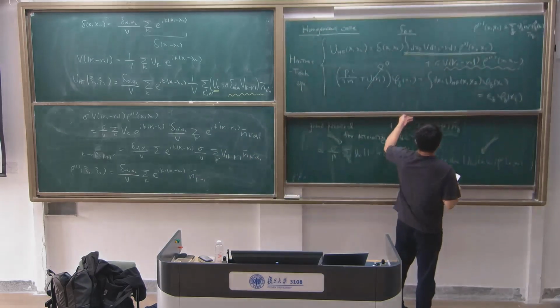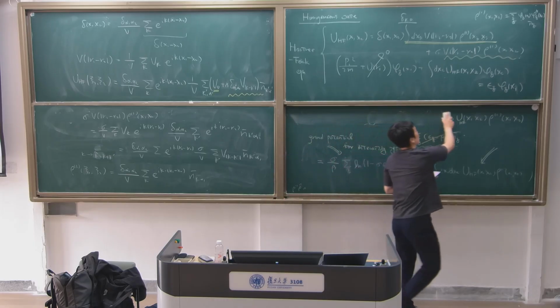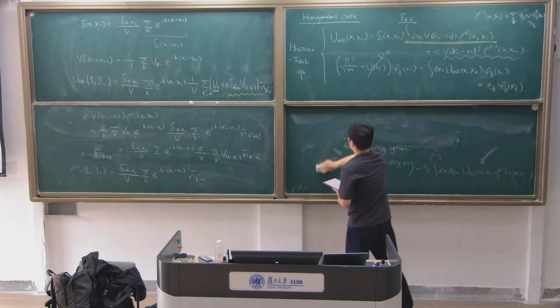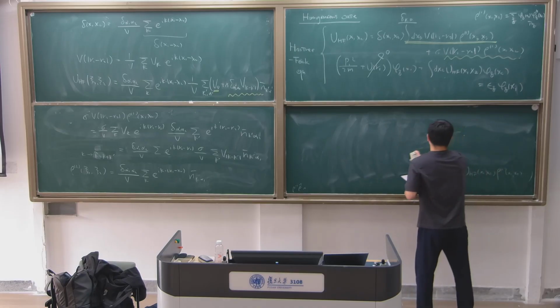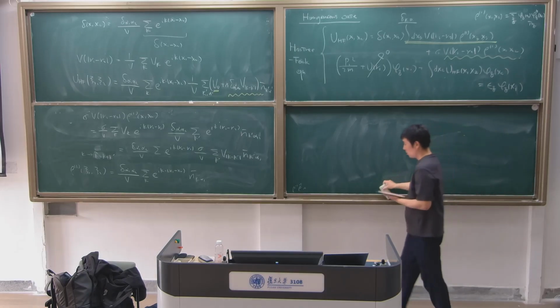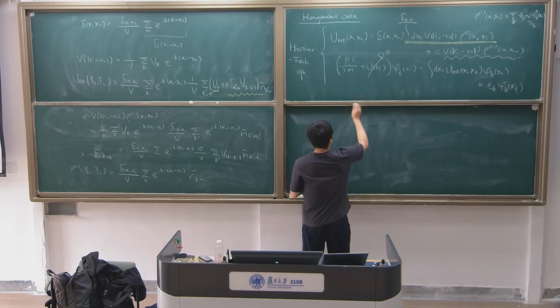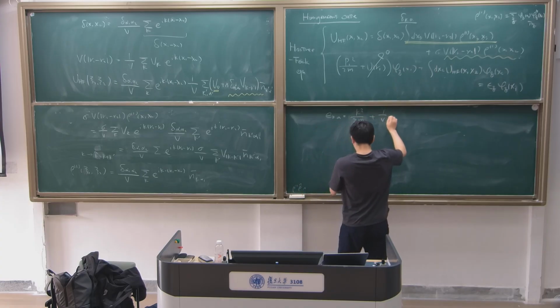Okay, let's do that. If you solve it, E k alpha is equal to k squared divided by 2m plus this term.